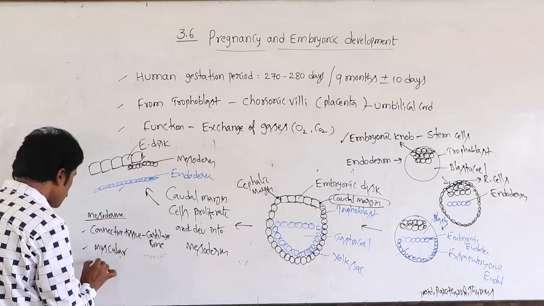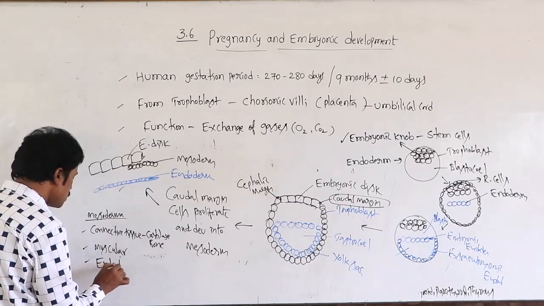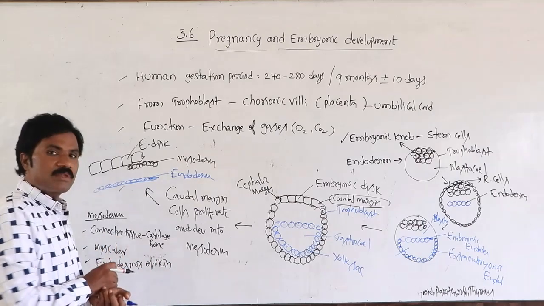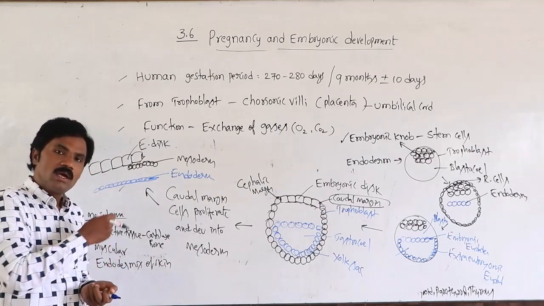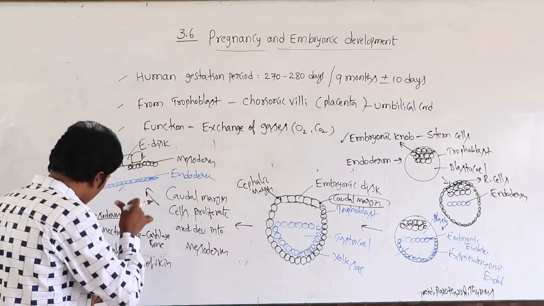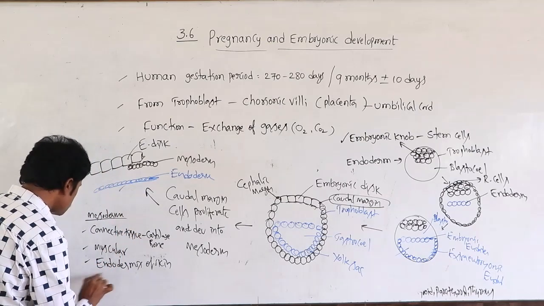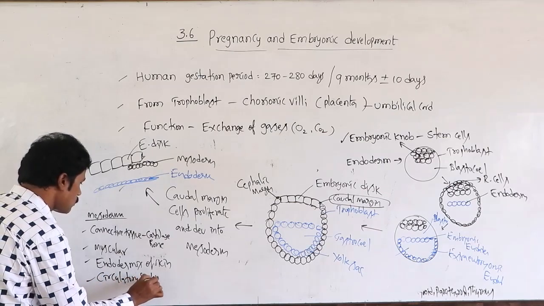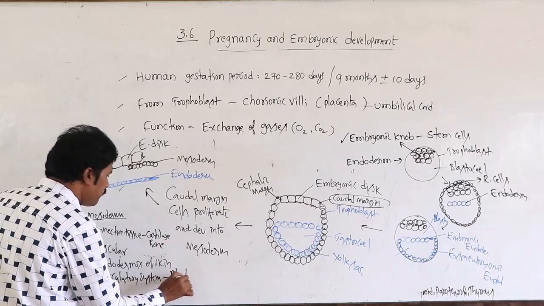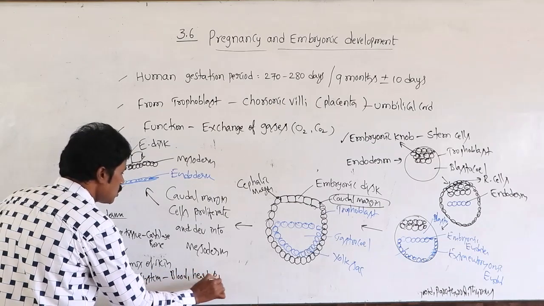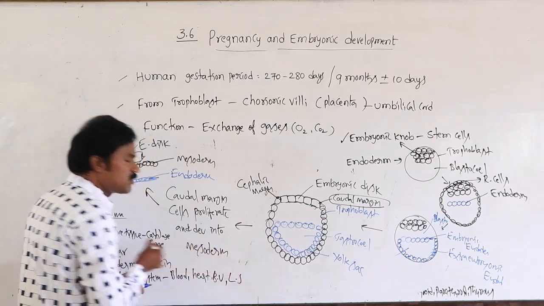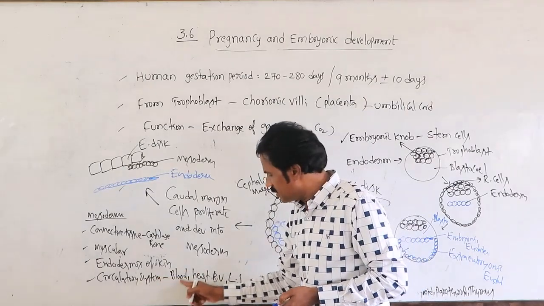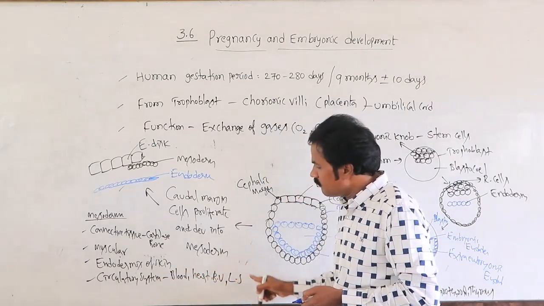Then the dermis of the skin also develops here. Then the circulatory system: blood, heart, blood vessels, as well as the lymph system. All of these develop.